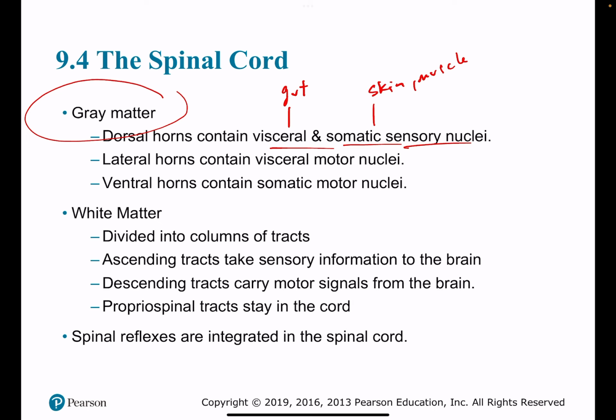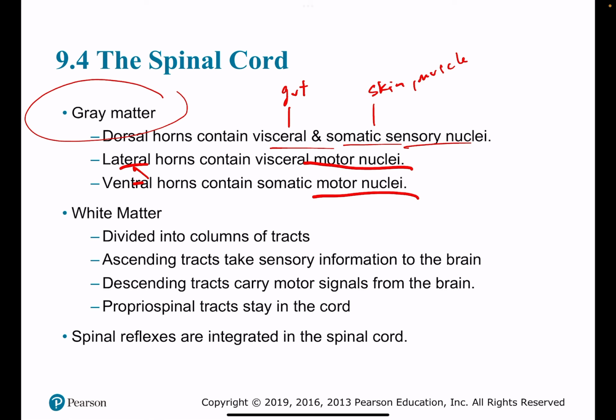Then so then we've got a lateral, but I kind of put it also in ventral. You got motor nuclei. Visceral motor nuclei is the gut moving. How am I controlling all my digestion? Visceral motor nuclei would help with that. Somatic motor nuclei would be, again, referring to the skin, muscle, joints.